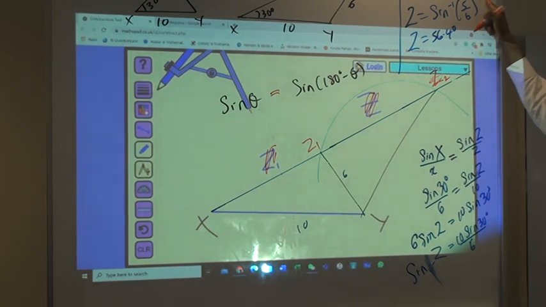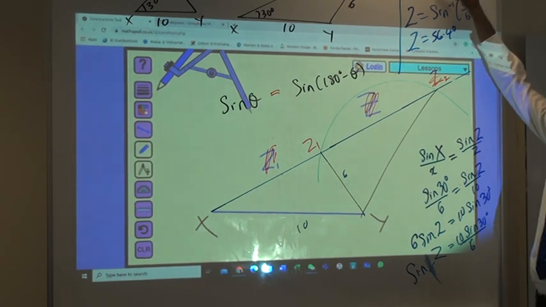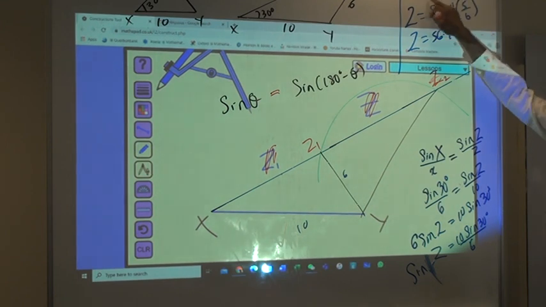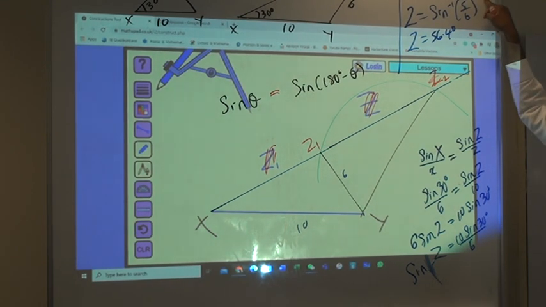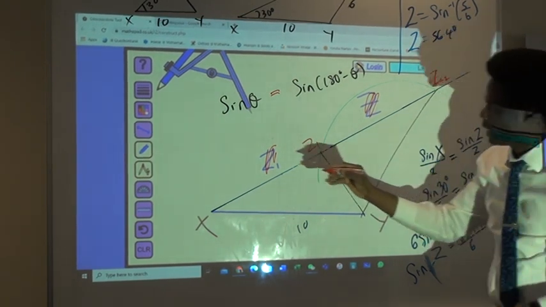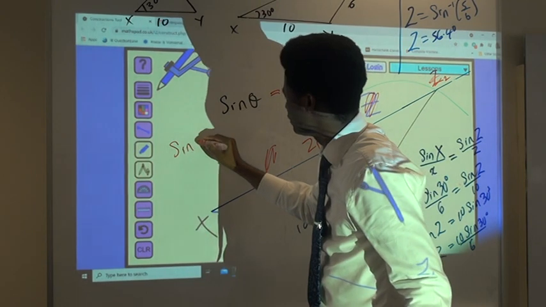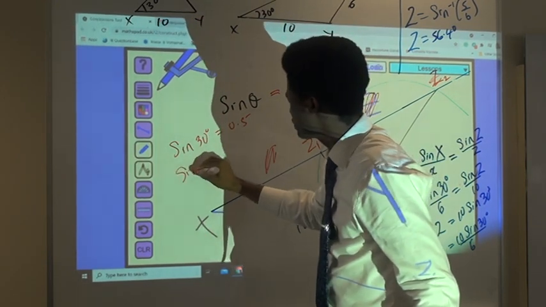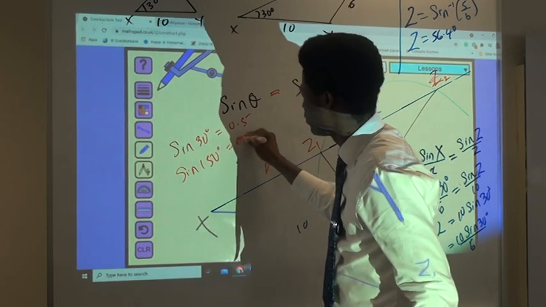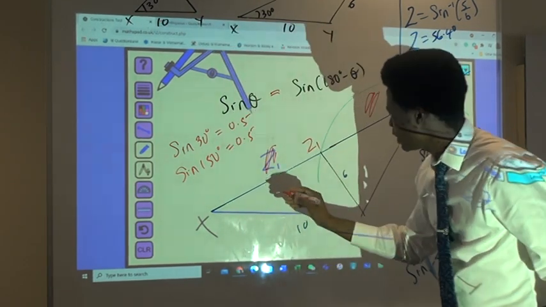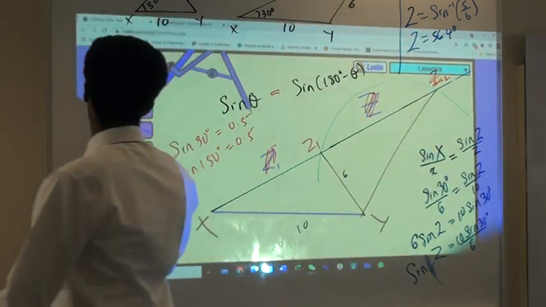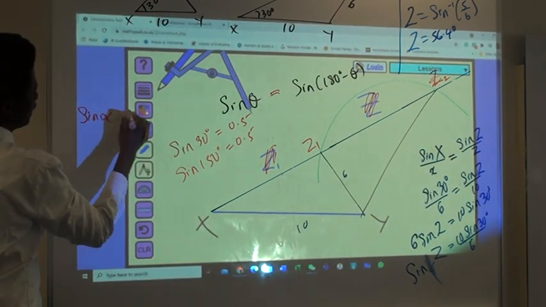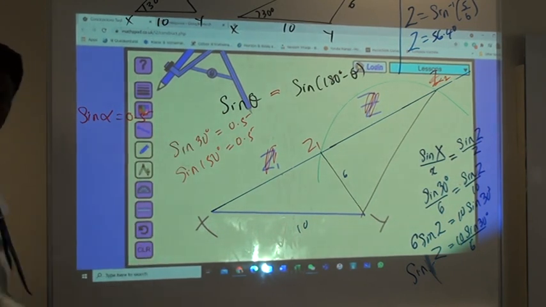Because this is arc sine. What this means is that I'm trying to find an angle whose sine is 5/6. Does that make sense? Now you have done sine 30, you got 0.5, and you must have done sine 150. Similarly, you get 0.5, right? So if someone says that the sine of an angle alpha is 0.5, it is open to two different interpretations.